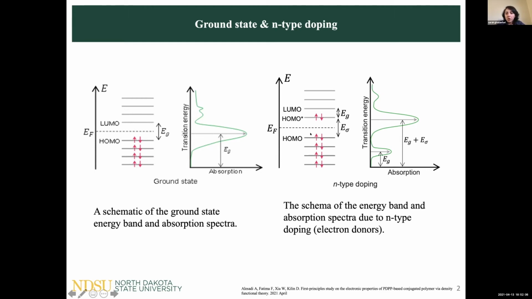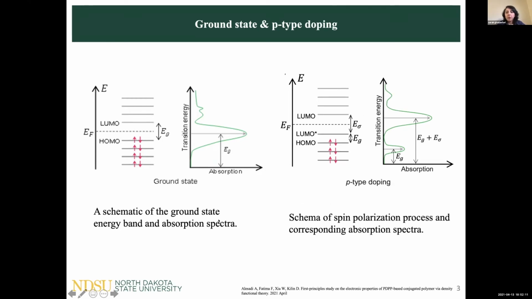The other one is called p-type doping, which means we withdraw 2 electrons from the model, so we make it positive, or cation, and you can see the absorption spectra again. You can see that the HOMO and LUMO change, and we have another HOMO and LUMO. These are the absorption spectra and the energy levels for the conjugated polymer.